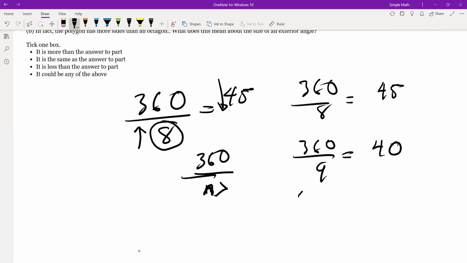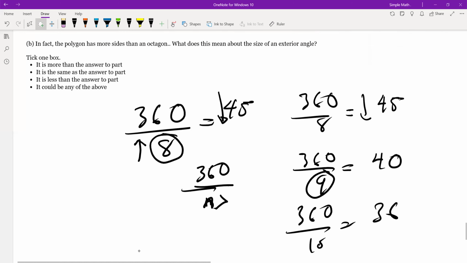You can see 360 over 10, that is 36. You can see these numbers are decreasing. As this number here is increasing, the value of the exterior angles is dropping. Okay, 45 degrees, 40 degrees, 36 degrees. So this is what you call an inverse relationship.